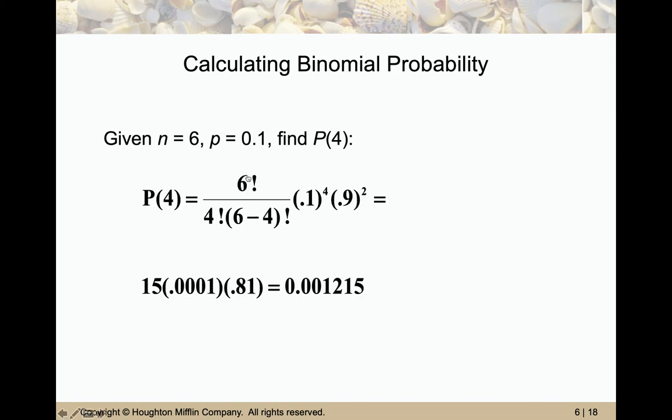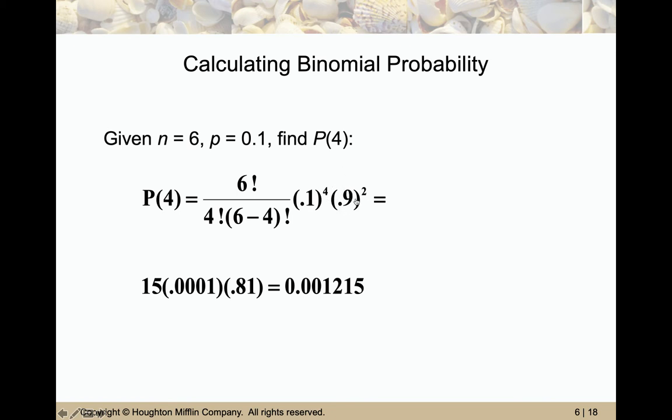Okay, so we're going to have N factorial, so 6 factorial, over X factorial, so 4 factorial, over N minus X factorial. So we've got our 6 minus 4, so that's 2 factorial. Then the probability of success to the power of the number of successes, so 0.1 to the fourth power, because there's 4 successes.